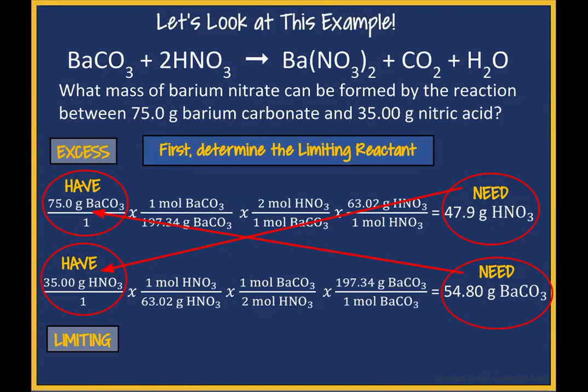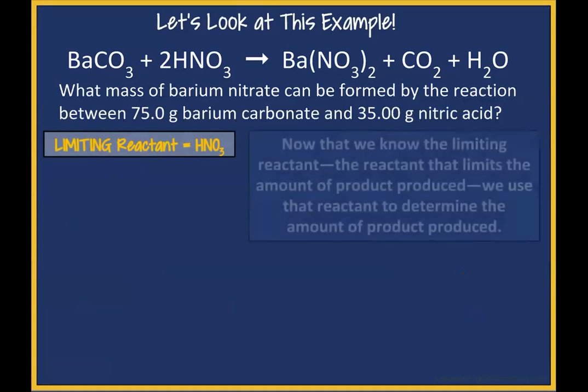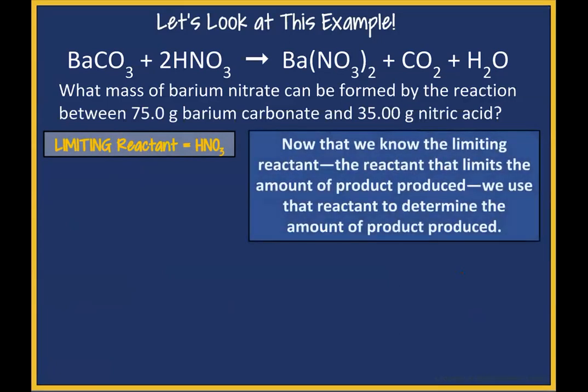So that means we're going to use our limiting reactant to determine how much product we can make. Our limiting reactant is HNO3. Now we know the limiting reactant, the reactant that limits the amount of product produced.